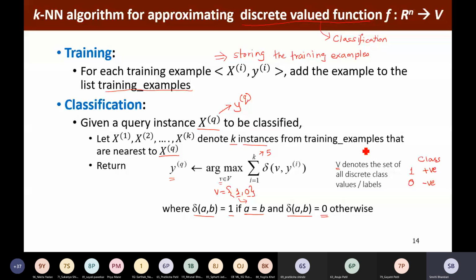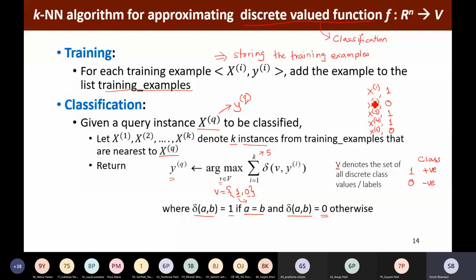Say the first sample is x1 with y1 equal to 1. The second instance has y2 equal to 0. The third instance has y value 1, x4 has y value 1, and x5 has y value 0.